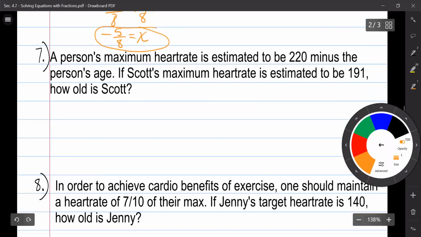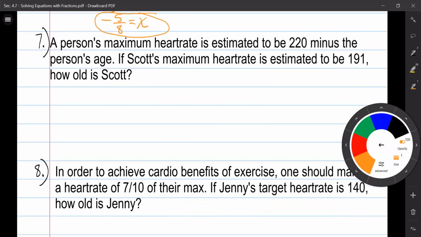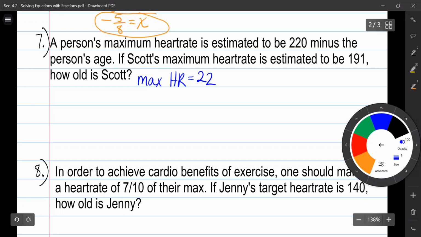Number 7 says a person's maximum heart rate is estimated to be 220 minus the person's age. If Scott's maximum heart rate is estimated to be 191, how old is Scott? Okay, so the max heart rate equals 220 minus age.